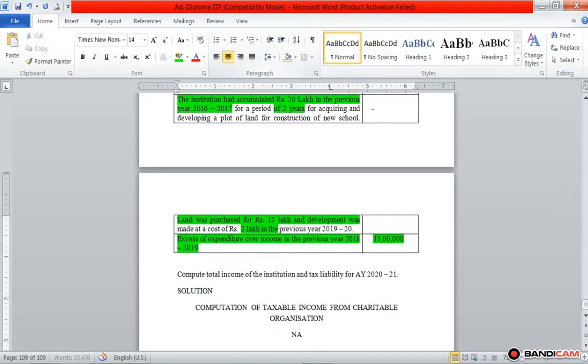Okay, then name of assessee is given, that is Jyoti Education Center. ओके, ज्योती एज्युकेशन सेंटर.